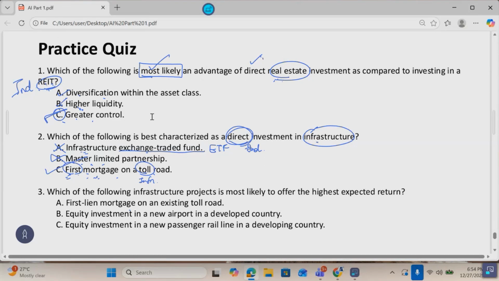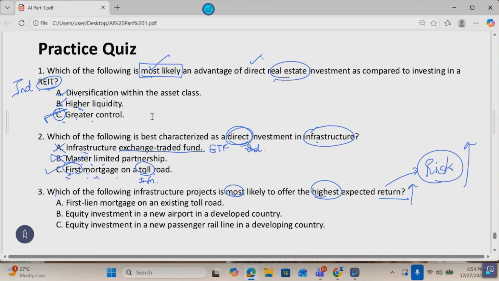Okay. Which of the following infrastructure projects is most likely to offer the highest expected return? Most likely. Okay. Now remember, return is always linked to risk. So when I look at return, remember, if you don't know the answer, look for risk. Wherever the risk is higher, the return is higher.